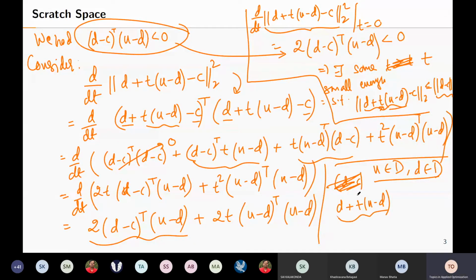So this is nothing but the line joining d and u, and t is small enough. Okay, so this is in D. So what does this contradict? What is this going to contradict now?